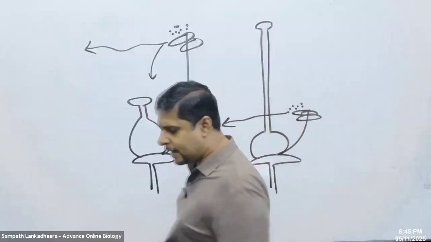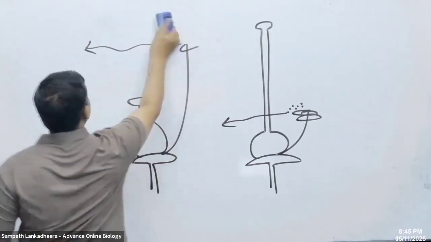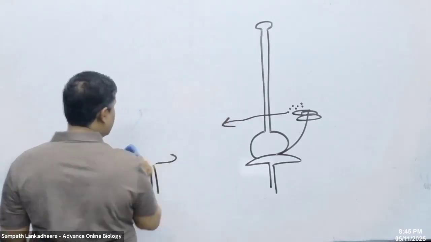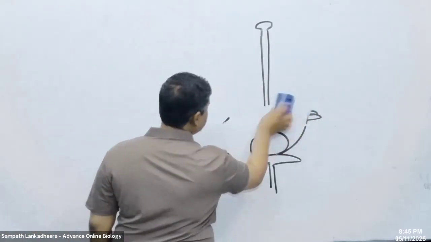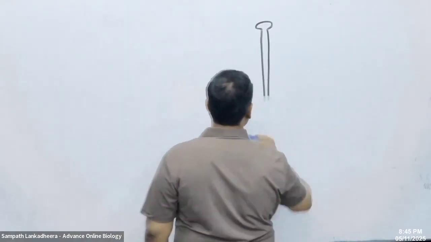Why do we call fungi absorptive heterotrophs? Whenever an organism is heterotrophic, it has to absorb, it has to take nutrients from outside, right?